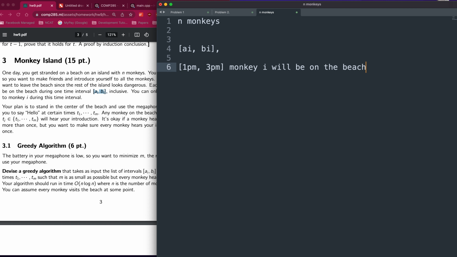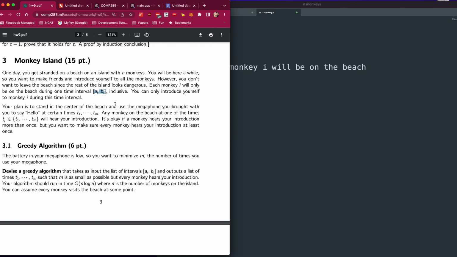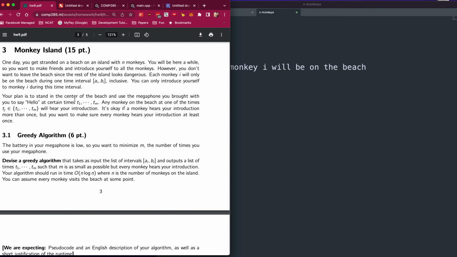And you don't want to leave the beach. You don't want to go meet each monkey. But when they're on the beach, you can introduce yourself to monkey i, okay? So what you plan to do is stand at the middle of the beach, and use the megaphone that you brought with you to say hello at certain times, okay? Any monkey that's on the beach when you say hello is going to hear you.